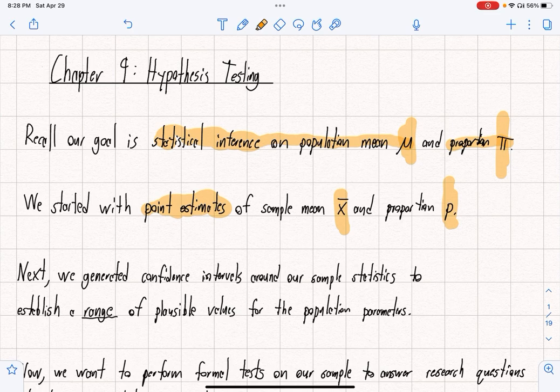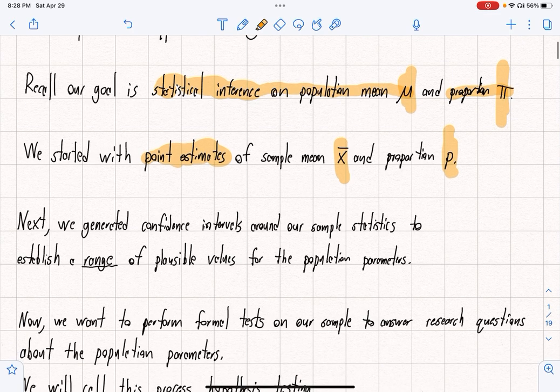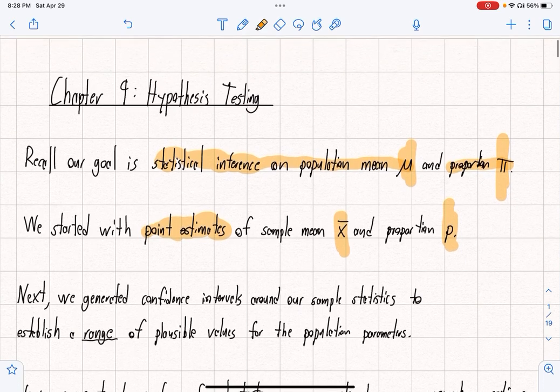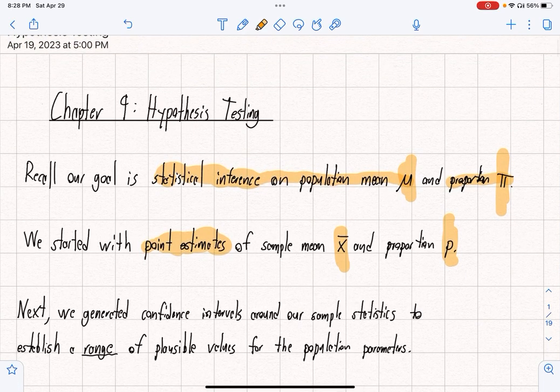on sampling distributions. But then we moved on to chapter 8, where we weren't just interested in this one point. So instead, we generated a confidence interval around these sample statistics. So we got these point estimates, and then we added some and we subtracted some, and we called this a confidence interval. And this established a range of plausible values for the population parameters.